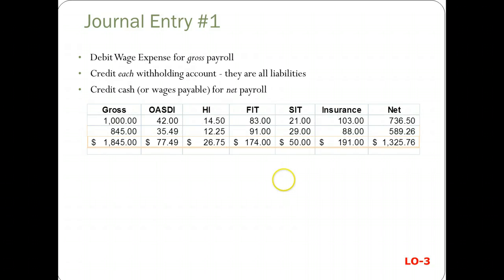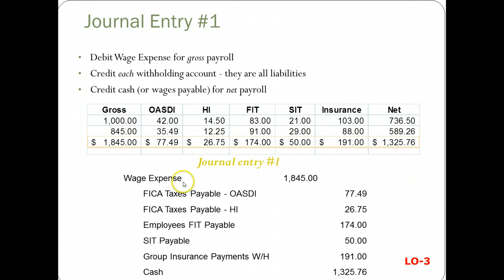So here's an example. Wage expense, debit it for the gross. FICA payable, and this has got the employer and the employee's share. Sorry, I take that back. This is what's withheld. So this is the employee's share. There's 2 employees.